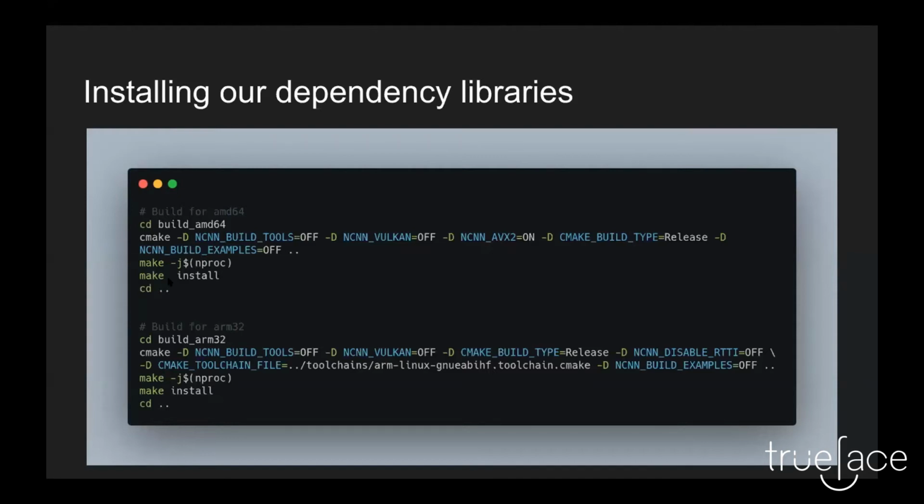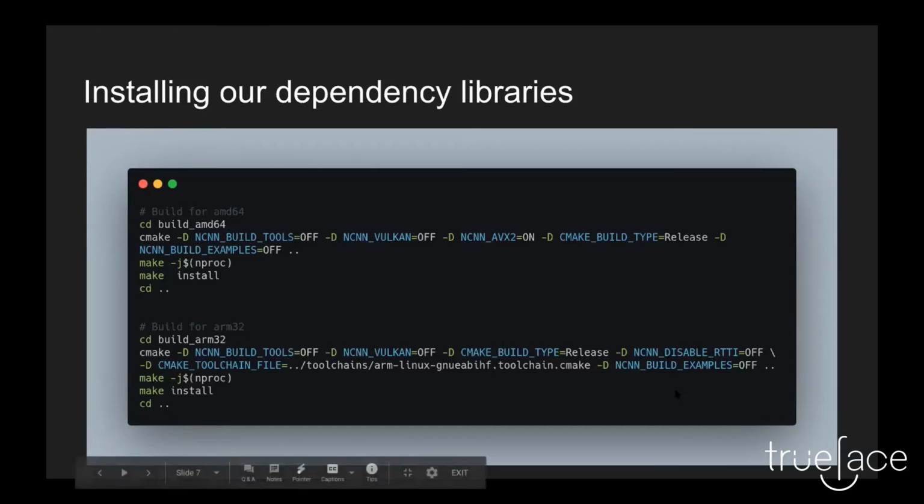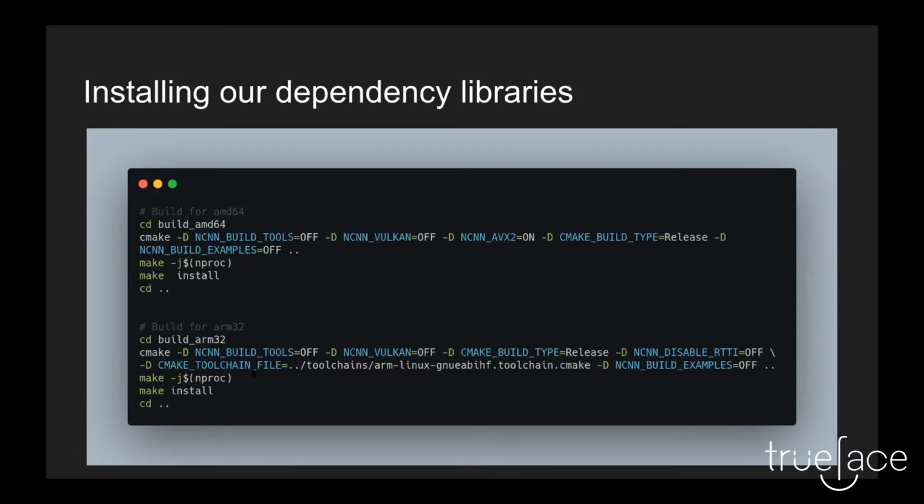What I want to point out here is the main difference between the AMD64 version, which is your typical x86 architecture, and the ARM32 version. In the ARM32 version, in addition to a few extra flags we have to add just to tweak things, we also have to pass this CMake flag called CMake toolchain file.